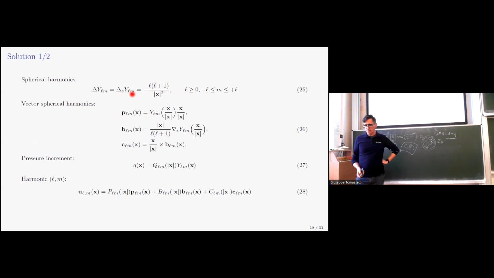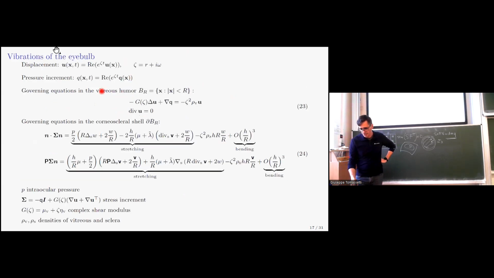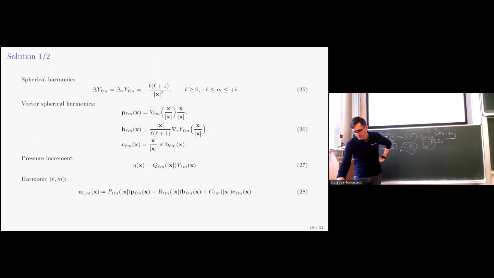The spherical harmonics are essentially the eigenfunctions of the Laplace-Beltrami operator, the surface Laplacian that appears in these equations, on the sphere, and are classified using two indices, an index L and an index M.